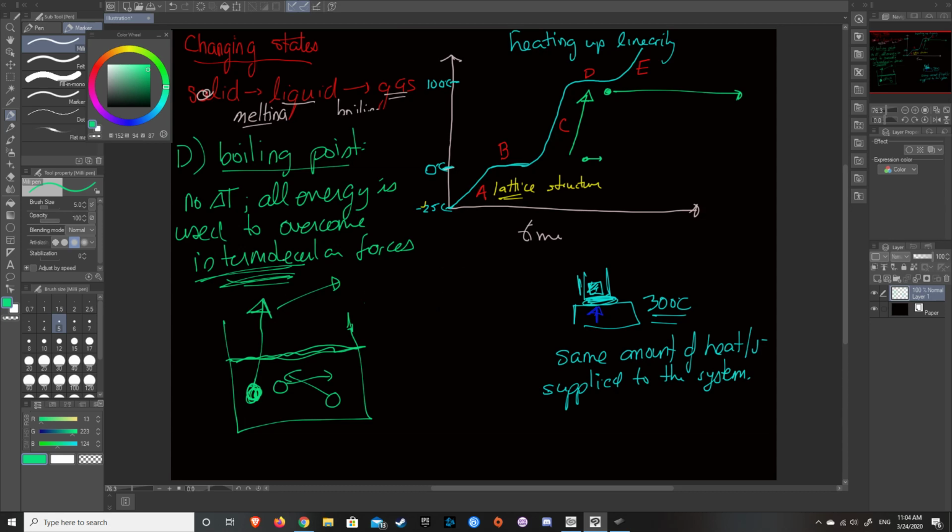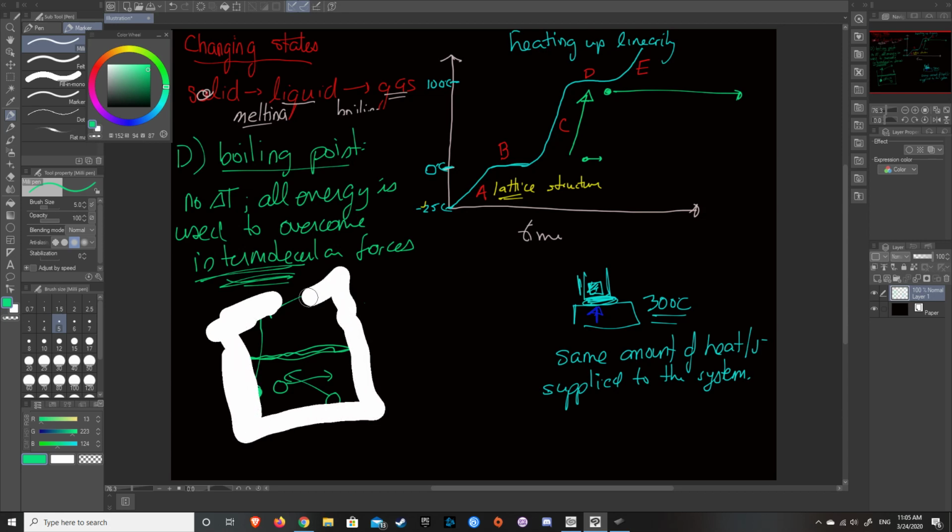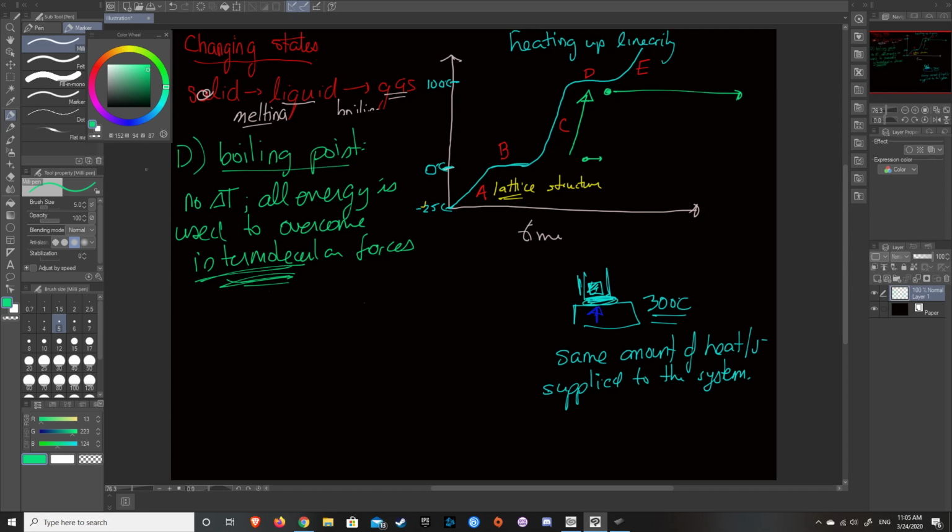So all of the energy is used to overcome the intermolecular forces and convert, let me just change the color, and convert from liquid to gas phase.